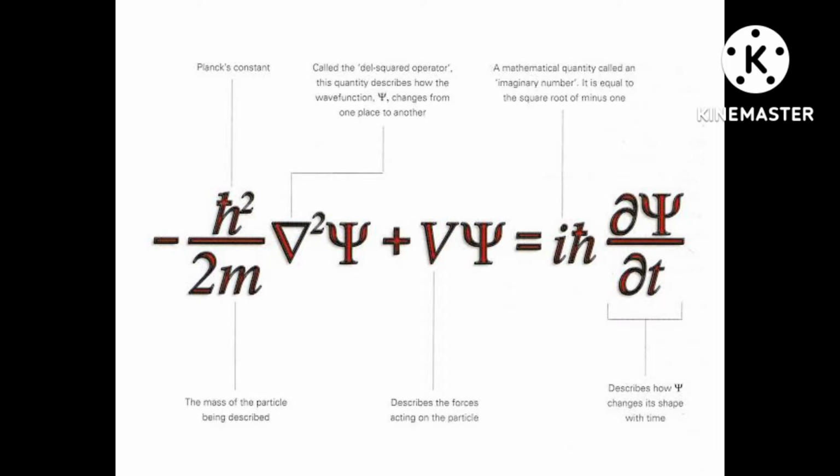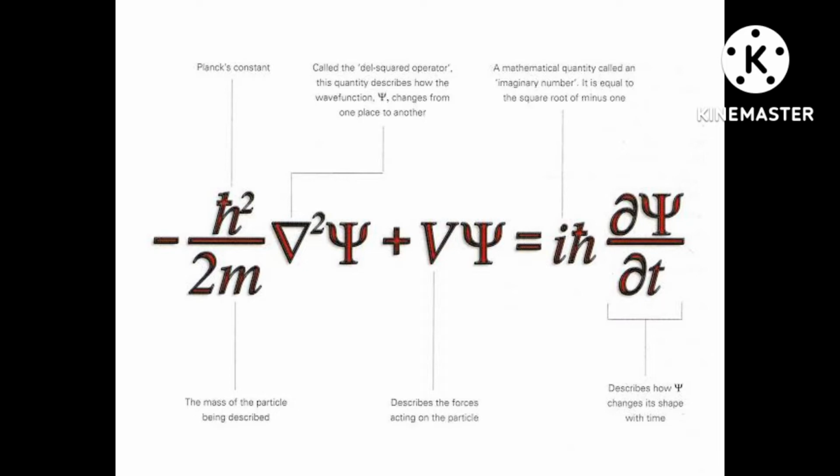Hence all three directions have been considered, because electrons have wave nature, and it can move in any direction. That's why the terms x, y and z, x direction, y direction, z direction have been considered.